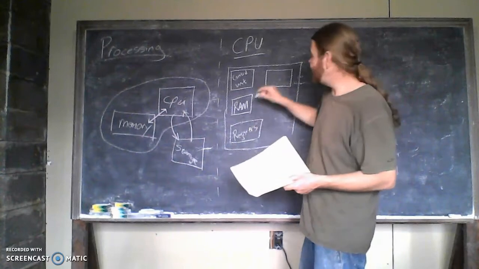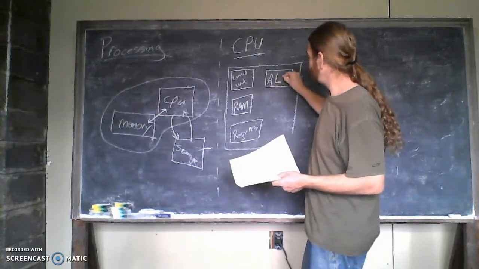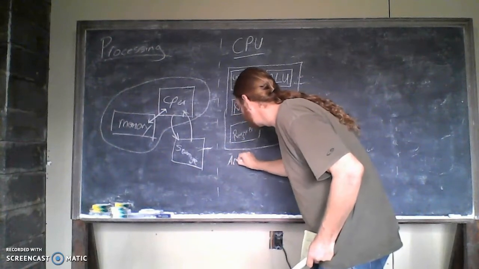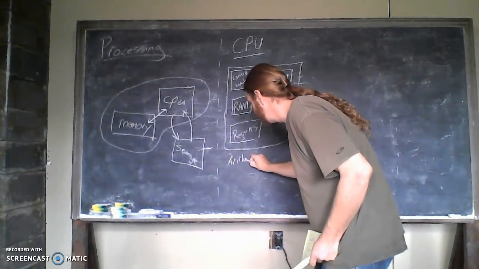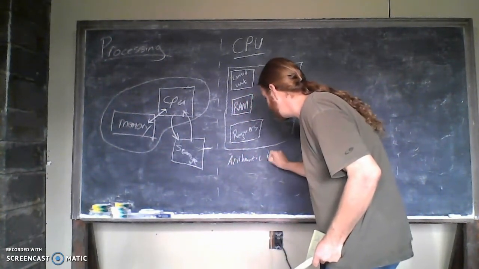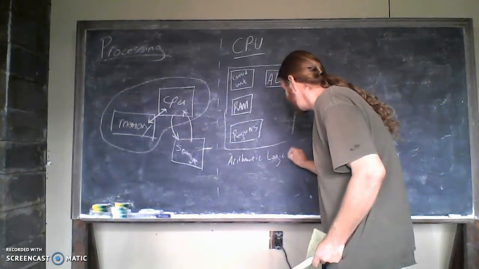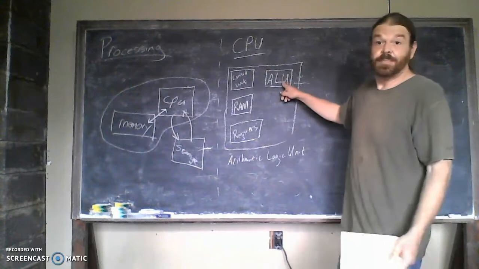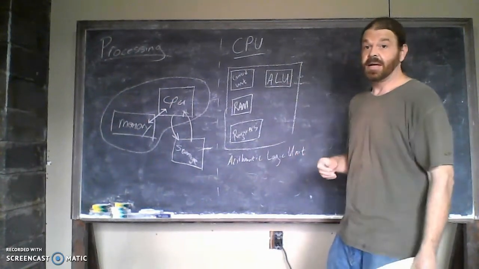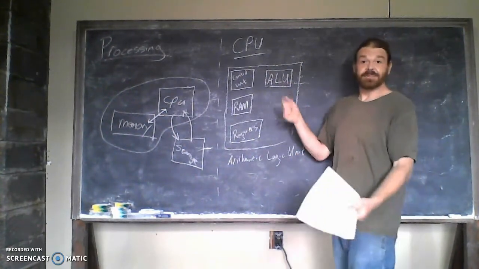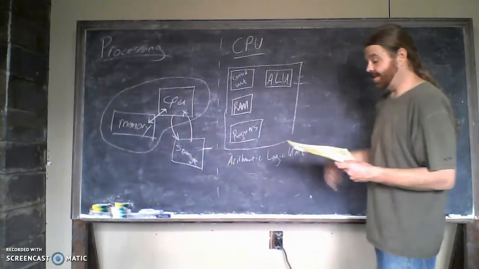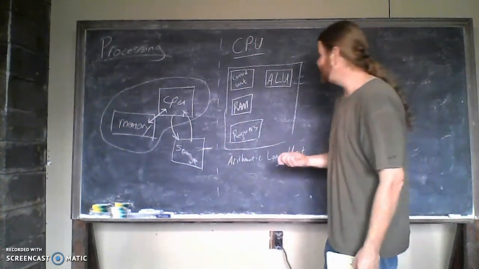Then we have the ALU, and that stands for Arithmetic Logic Unit. That's the piece that does math. We send in two numbers, it adds them together, or adds them a bunch of times to get multiplication.